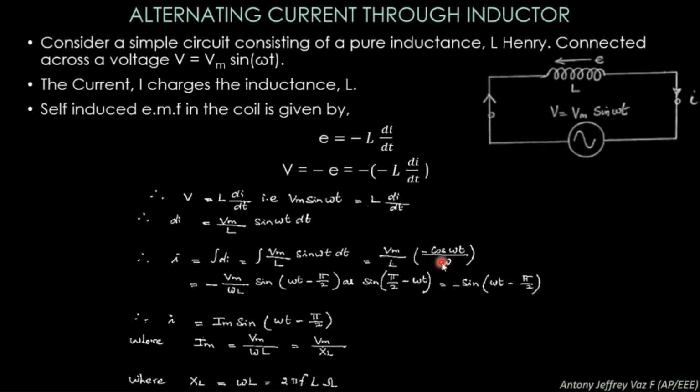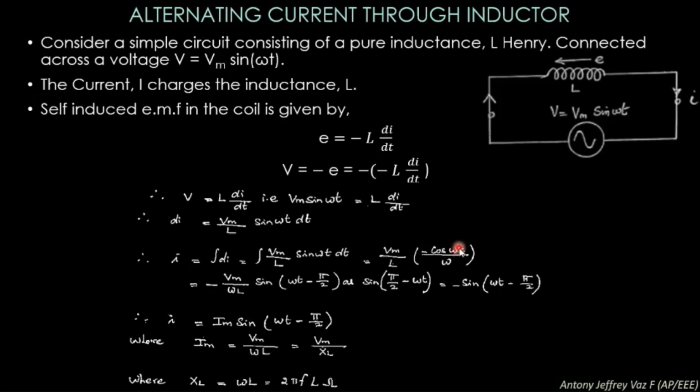So after integrating, the term you get here is minus Vm by omega L sine omega t minus pi by 2. The minus cos omega t term is converted into sine.